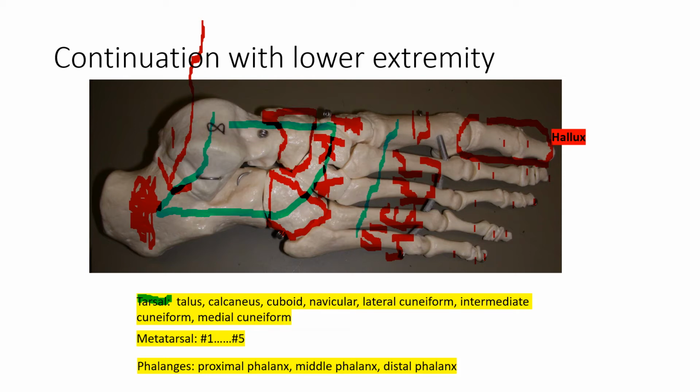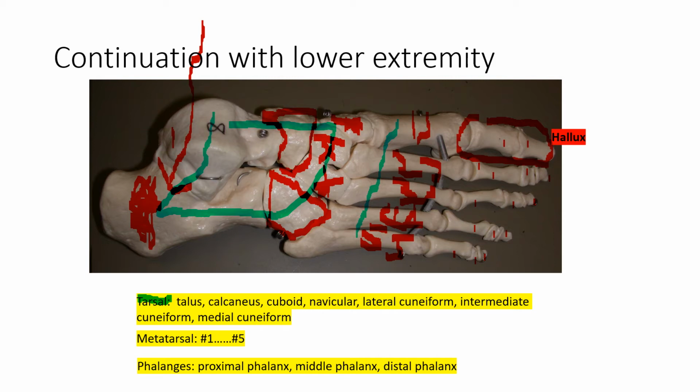Do keep in mind that the medial cuneiform is on the same side as the hallux, or the big toe. So unlike the thumb, the big toe is more medial than the small toes, whereas the thumb is more lateral to the pinky.